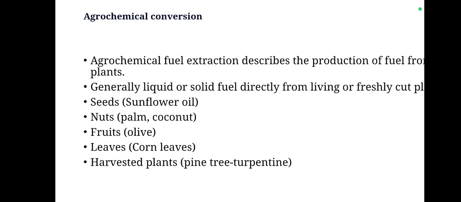Fruits: from olives, we can generate olive oil. Leaves: from corn leaves, we are producing biomass energy. And similarly, harvested plants: pine tree, which is mainly used to create turpentine oil.